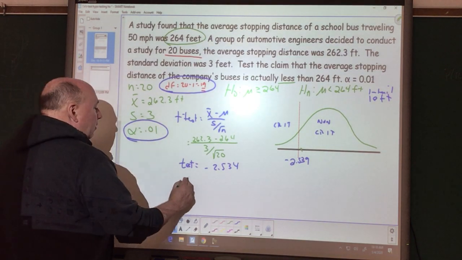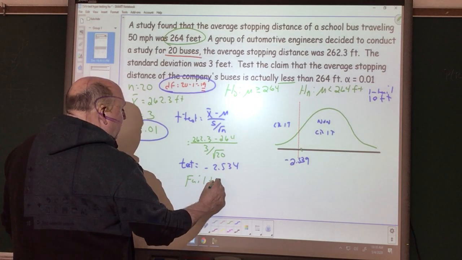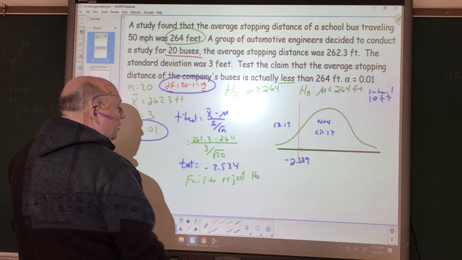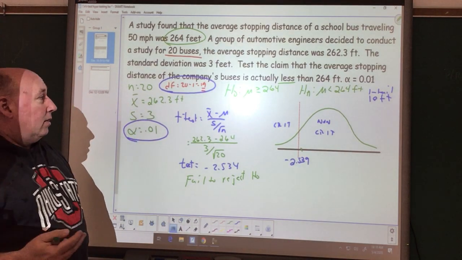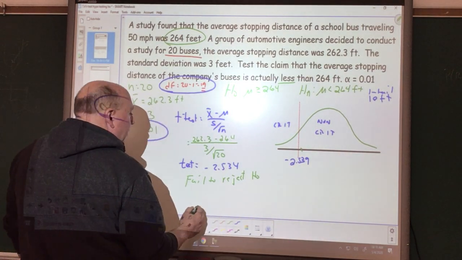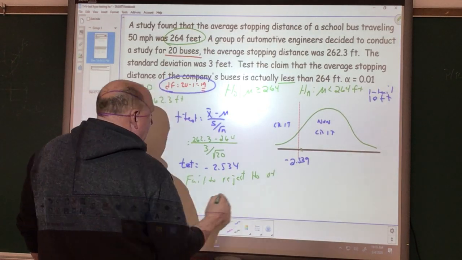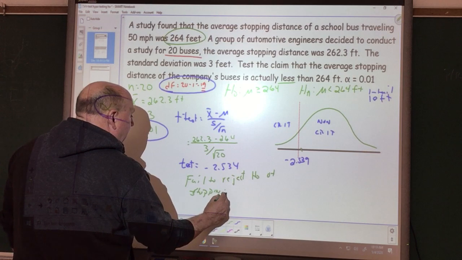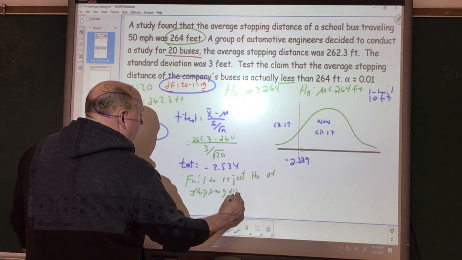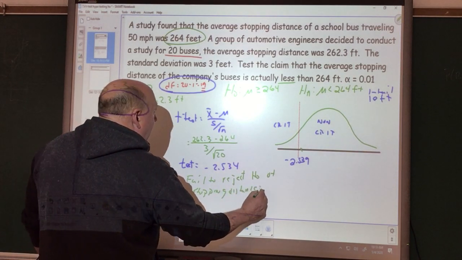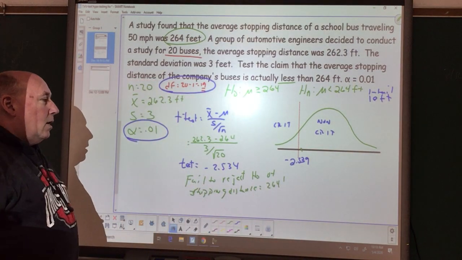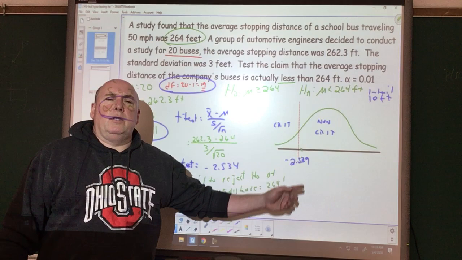So we fail to reject the null hypothesis that the stopping distance is equal to 264 feet. But we are so close here.